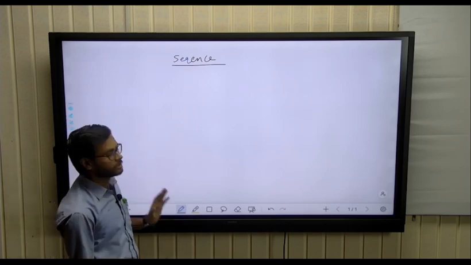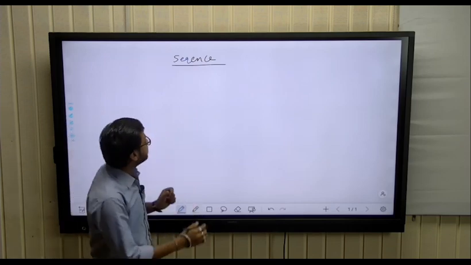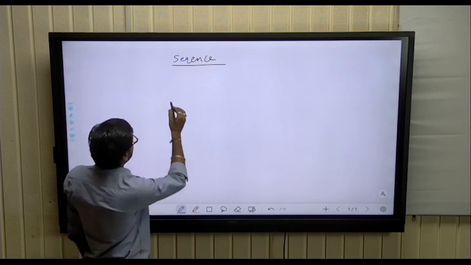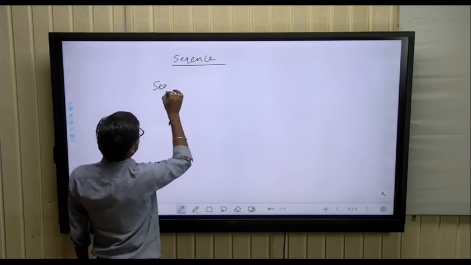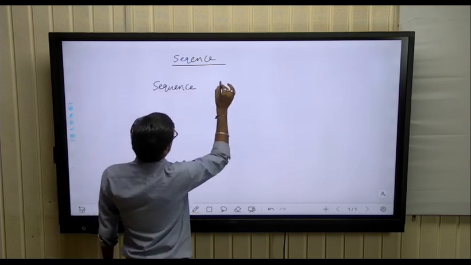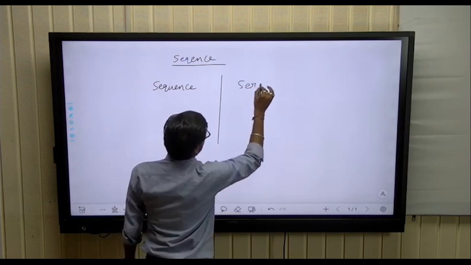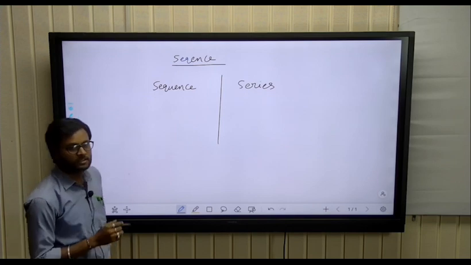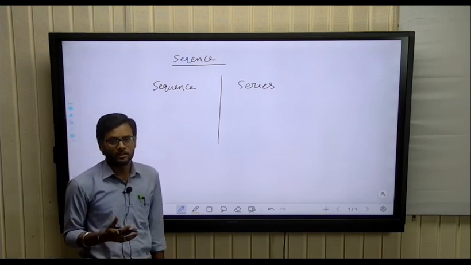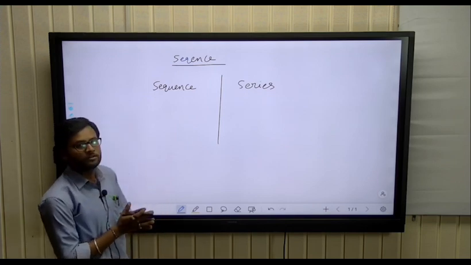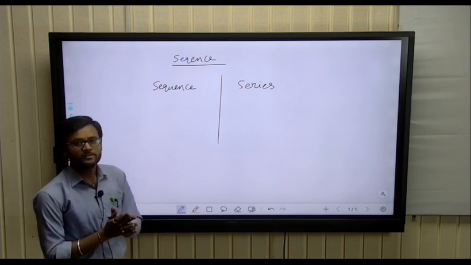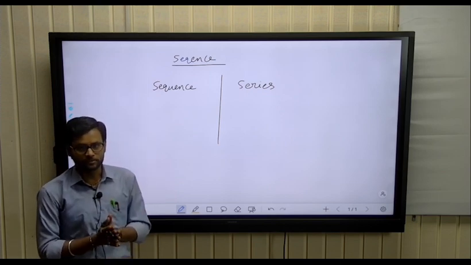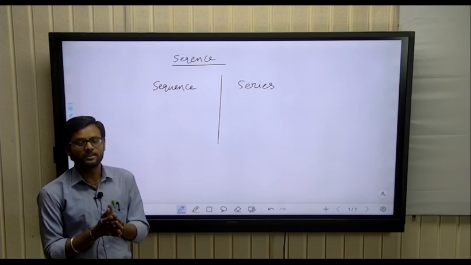What is the use of sequence in mathematics? Basically, we talk about two terms, sequence and series. These two topics are similar, but by definition they are not. A sequence is the arrangement of numbers.